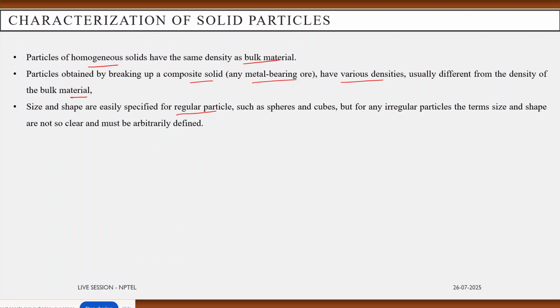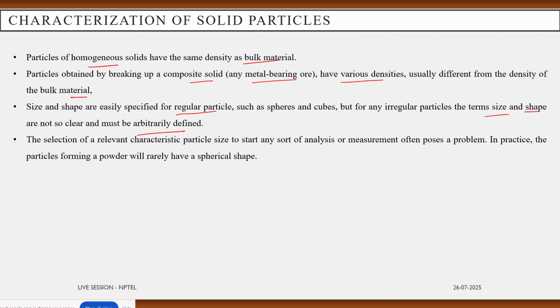Those have a regular shape that we know, but there are also irregular shape particles that we generate throughout this conveying or handling process. The terms size and shape are not very clear for these, and they can be defined in a special way.